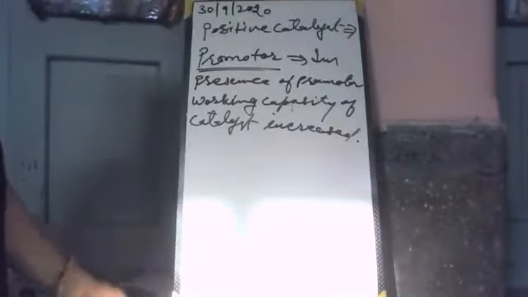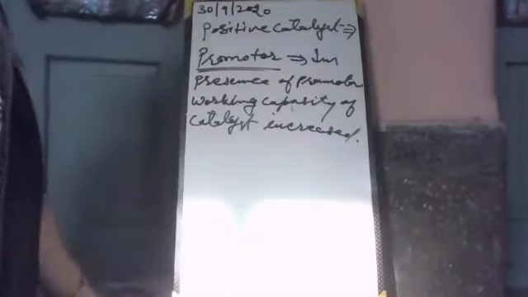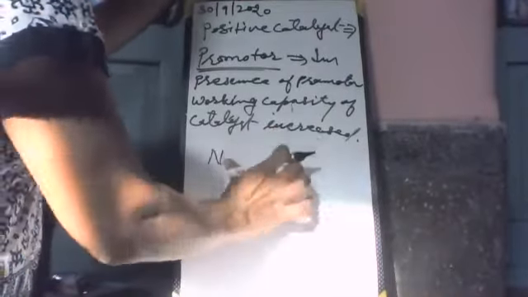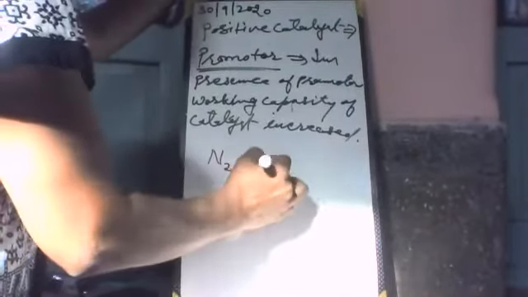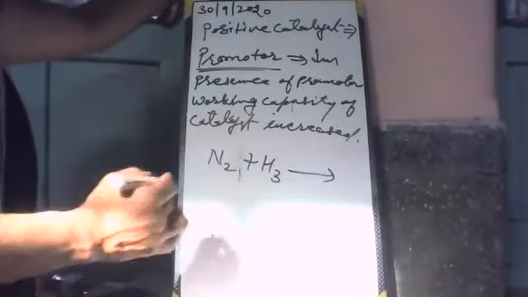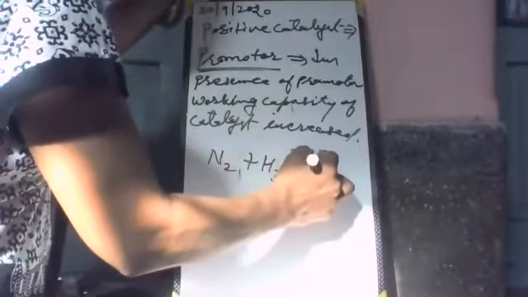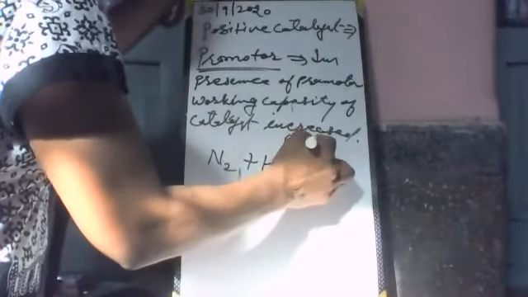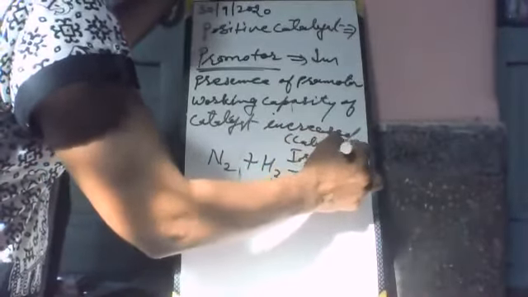Suppose, in the manufacture of ammonia from hydrogen and nitrogen, iron is used as a catalyst.